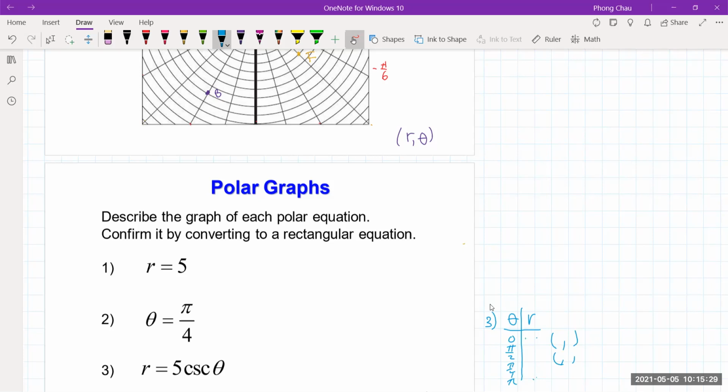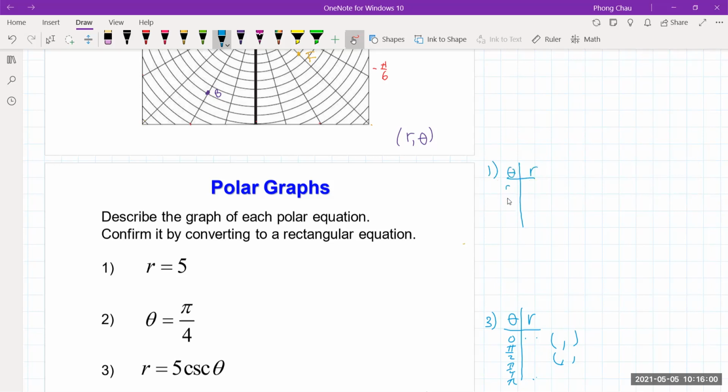Now, as you can see, it's not very easy to do with the polar equation, because when you do all of this, it's going to come out with some nasty numbers, and connecting the dots is very hard to do by hand, okay? Unless we have some special case, like number one, which is easy to do because theta is missing, right?